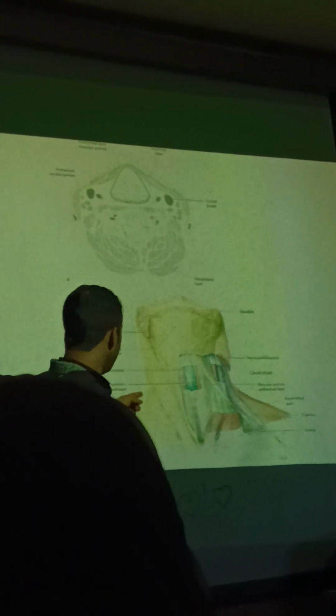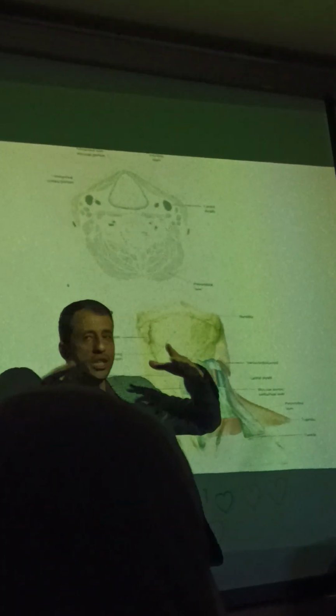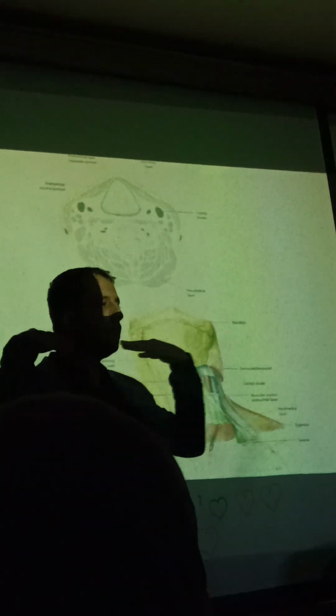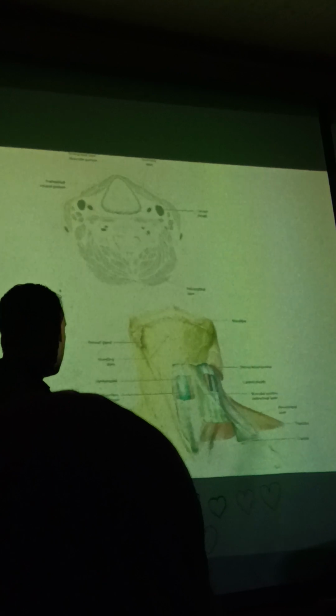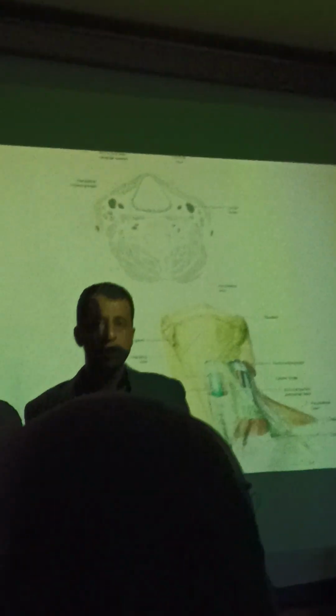In the cervical area, a layer which is located just deep to the superficial fascia is named the investing fascia or investing layer. Investing means covering. It covers all the structures in the neck which are located deep to the superficial fascia.